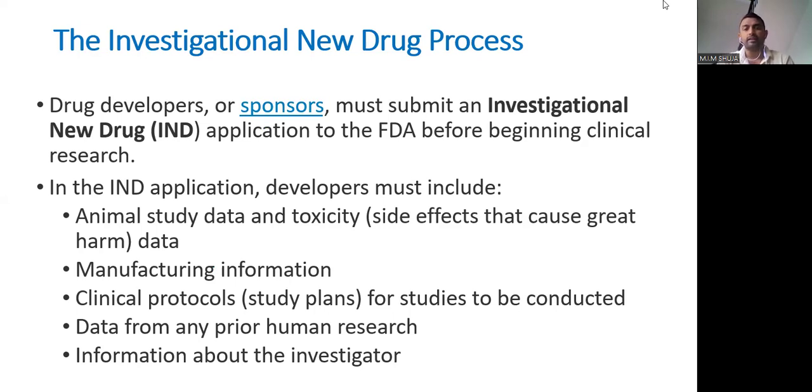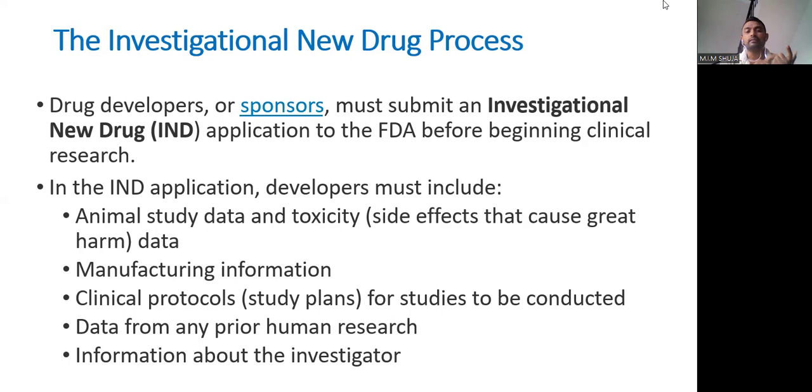In the IND application, the developers must include animal study data and toxicity, what happened during the animal study, that is preclinical studies. Manufacturing information, how the chemical compound is manufactured and synthesized.